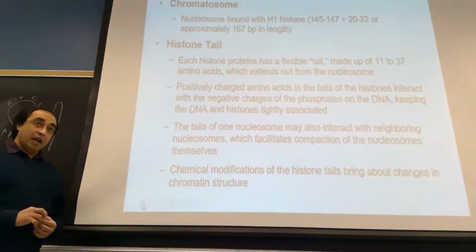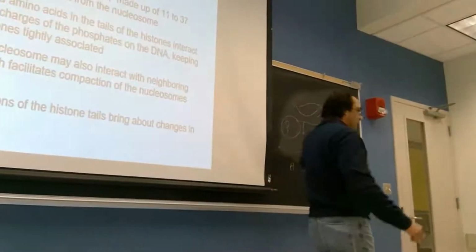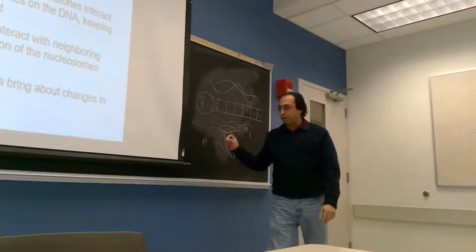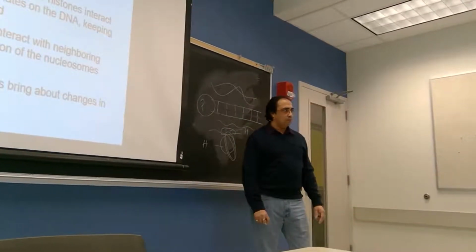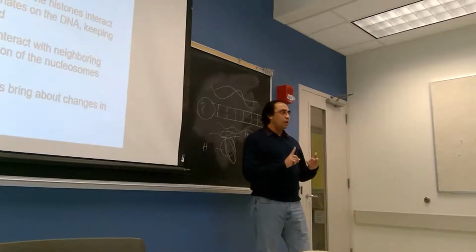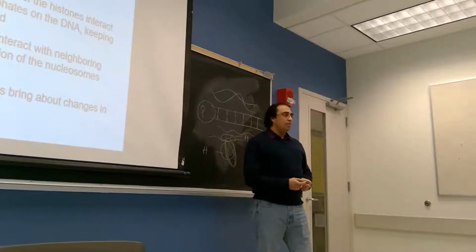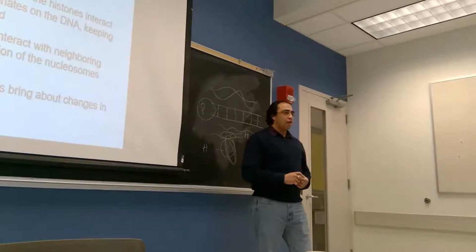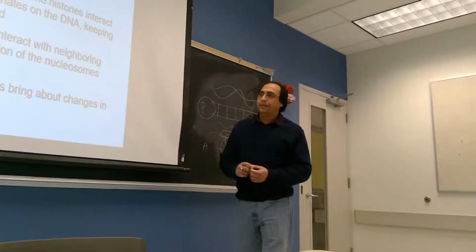Now, what is a chromatosome? Nucleosome is this part. When histone 1 is attached to the nucleosome, that is called a chromatosome. So what is a nucleosome? The histone octamer with the DNA coiling onto it. A nucleosome clamped by histone 1 is called a chromatosome.